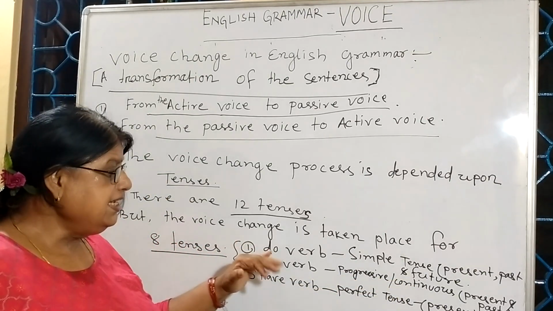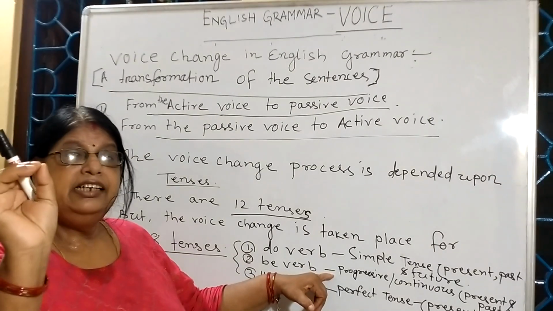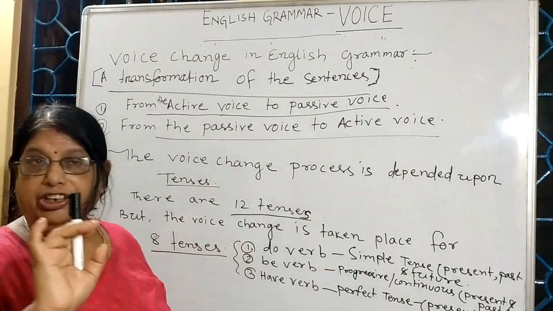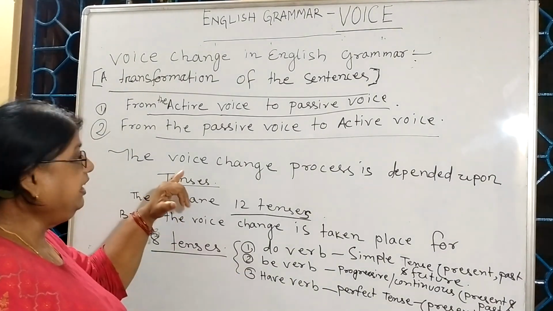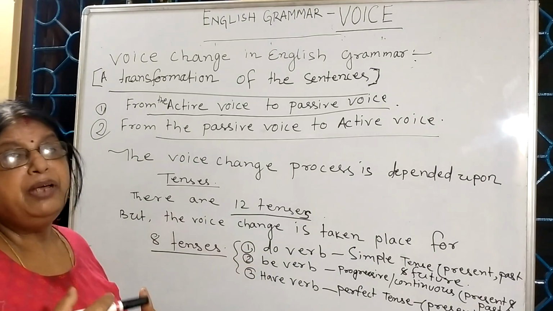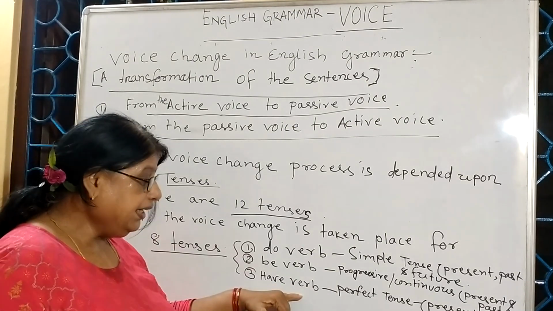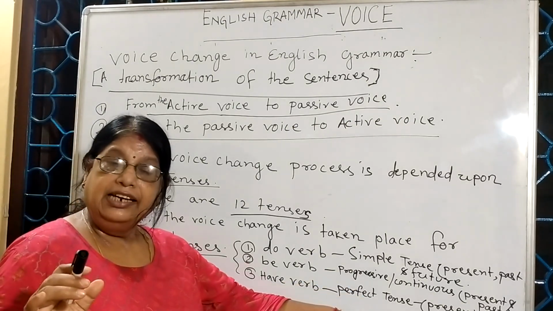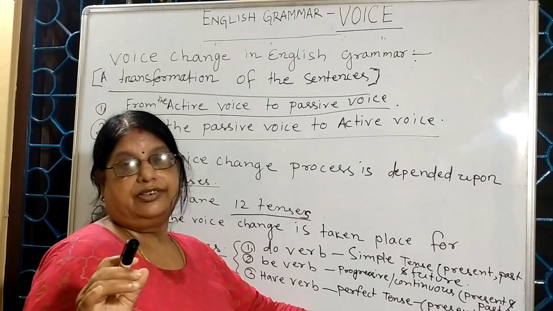The voice change is done for be verb only in present tense and past tense, not in the future. However, active voice and passive voice change, or transformation of the sentence, is done in perfect tense, in its present tense, past tense and future tense.